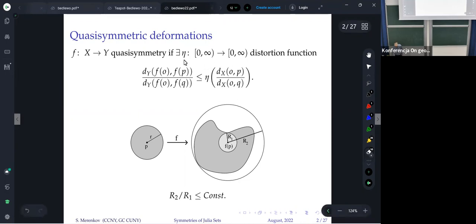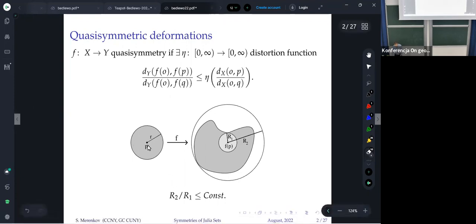There is a so-called distortion function, which is itself a homeomorphism of this half-open ray from 0 to infinity to itself, such that for arbitrary 3 points O, P, and Q in the metric space X, you have this inequality, which is a little too much to digest at first glance, but geometrically it means the following.